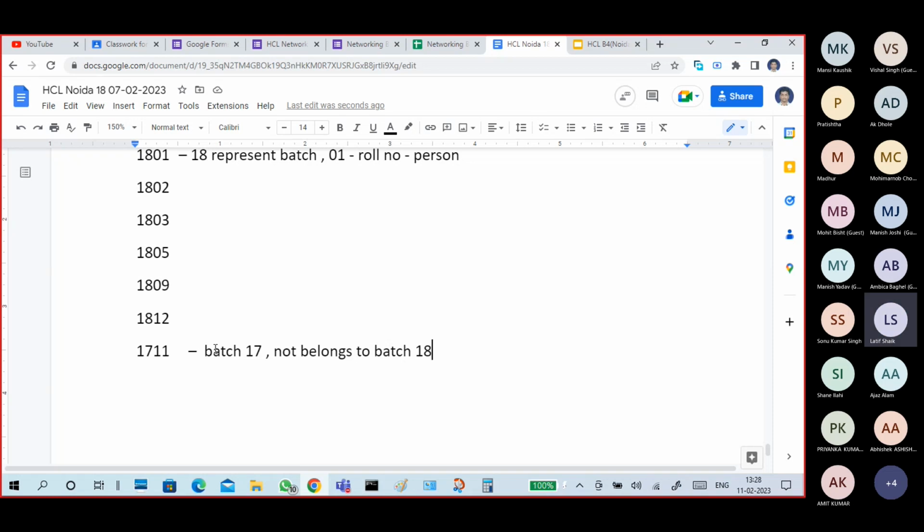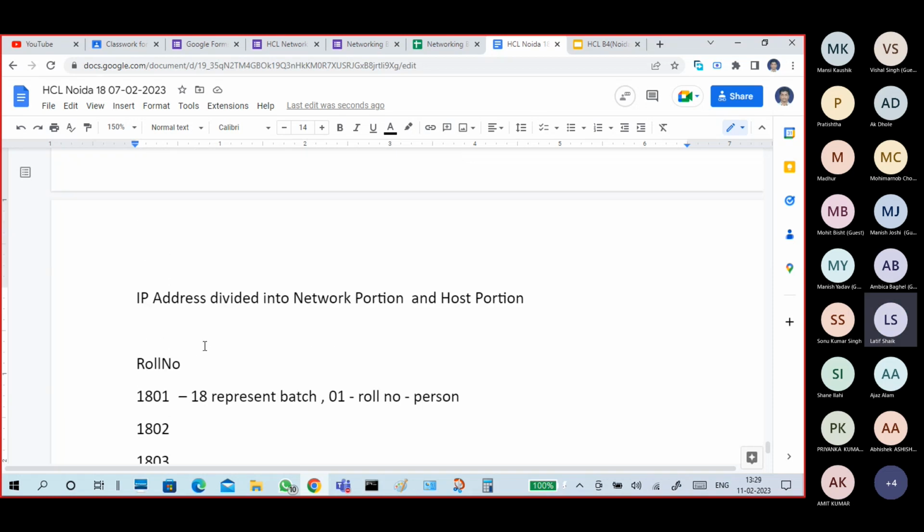The similar concept is the network and host portion concept.